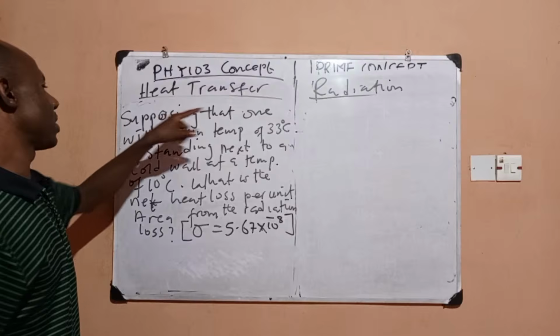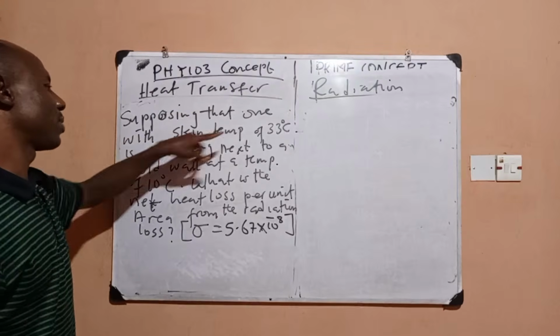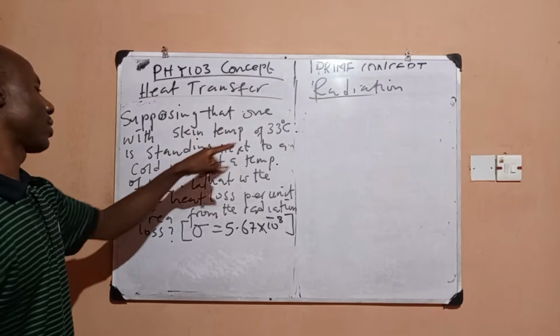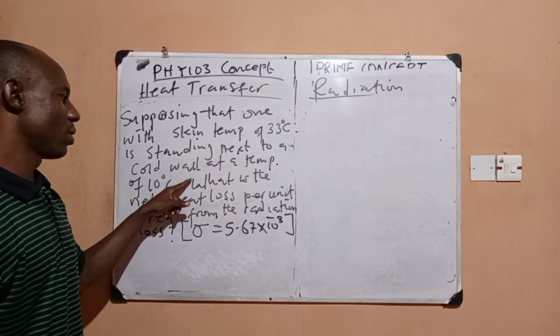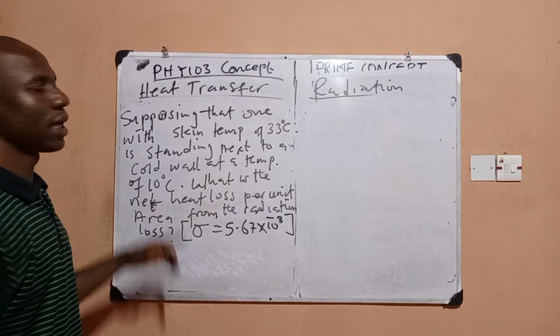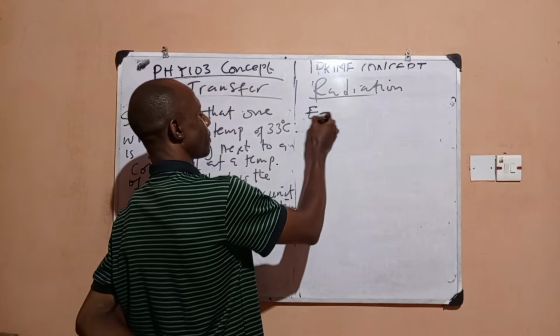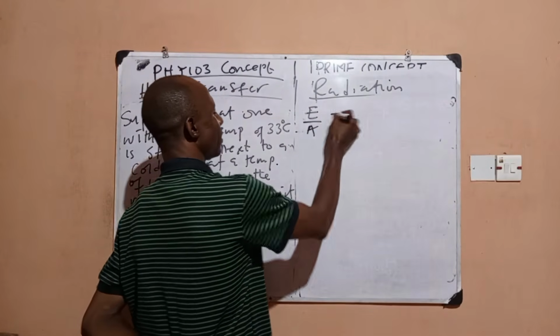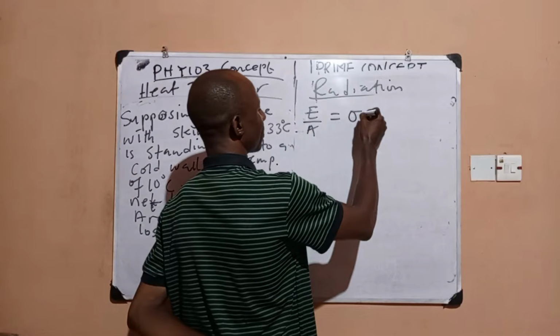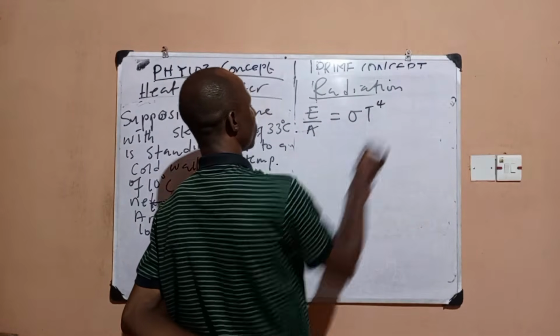So it says, supposing that a person with a skin temperature of this is standing next to a cold wall at a temperature of this. Now, anytime you're dealing, remember the formula I gave you is E over A equals Stefan's constant times temperature raised to power 4.